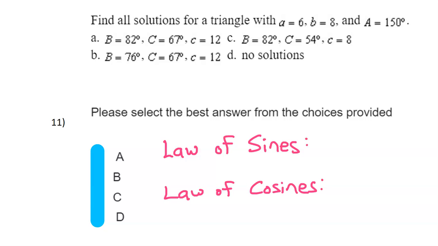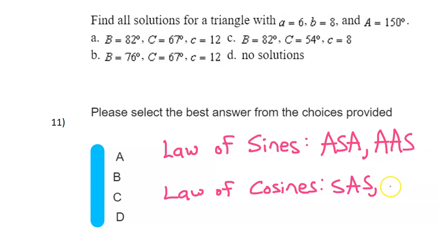For example, we will do the law of sines if we are given an angle, side, angle set of information, or if we are given angle, angle, side. We will do the law of cosines if we're given a side, angle, side set of information, or if we're given side, side, side. But there's one other case where we will use the law of sines.